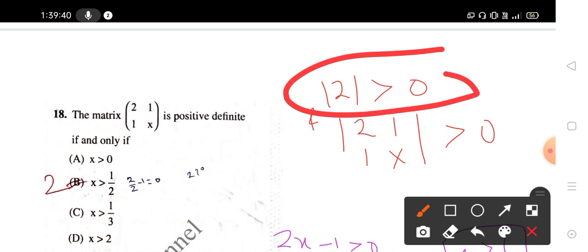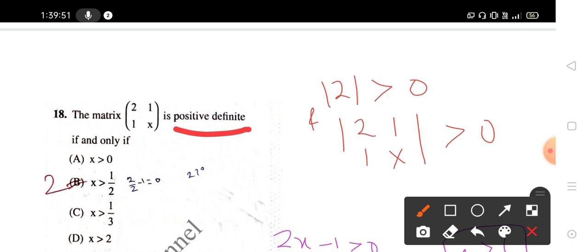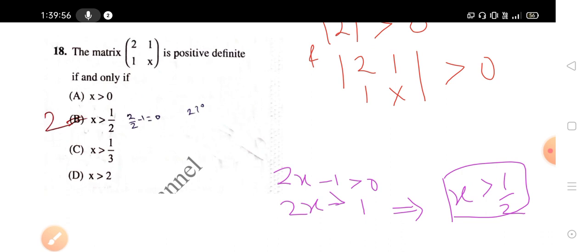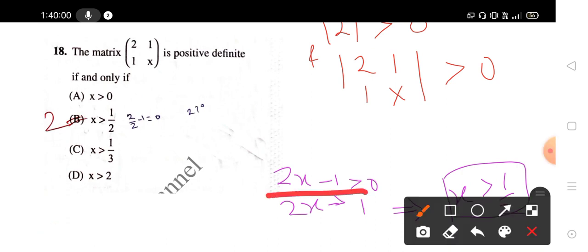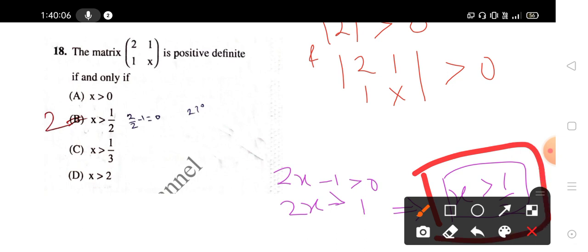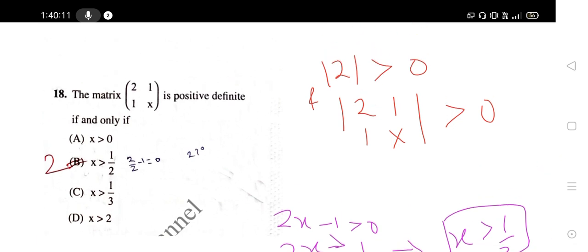First minor greater than 0, and next for 2 1 1 x is greater than 0 for a positive definite. And now find the determinant of this matrix is greater than 0, and 2x is greater than 1, and finally we get x is greater than 1 by 2. That is answer B is correct.